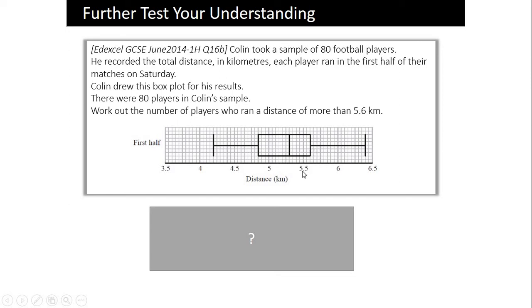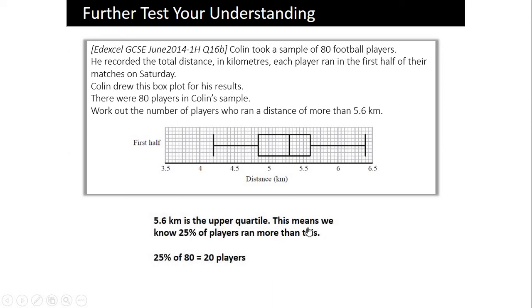So the whole box plot shows us the total distance in kilometres that each player ran, and as we want to know the number of players who ran a distance of more than 5.6 kilometres, we want to work out 25% of that 80, because this is what is represented here. So this would be 20 of the players.